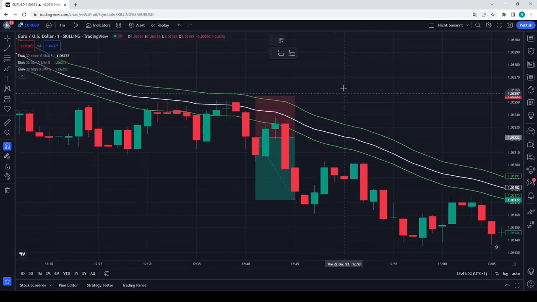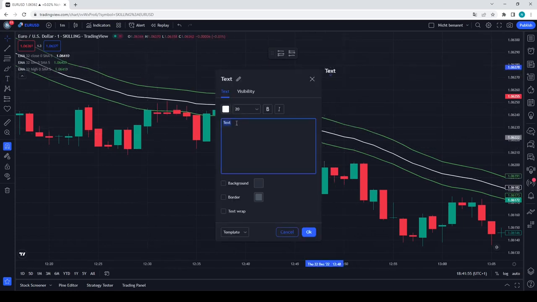So let's go and write this one down. So for a short trade, we want first market below EMA. Second, market comes back in the EMA area.